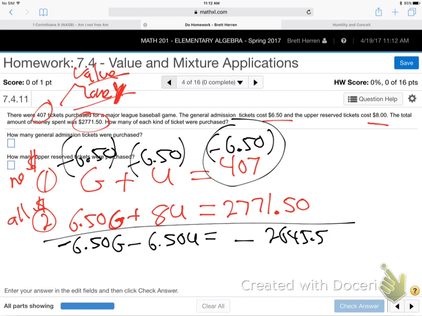Yeah. Good, thank you. Guys getting that? Getting those numbers okay? See what I did there? I just multiplied through 2645.5. Let me write that again. So I just multiplied through that top equation by minus 6.50.